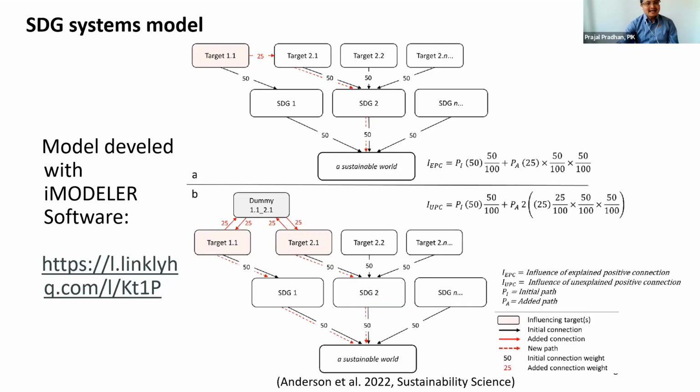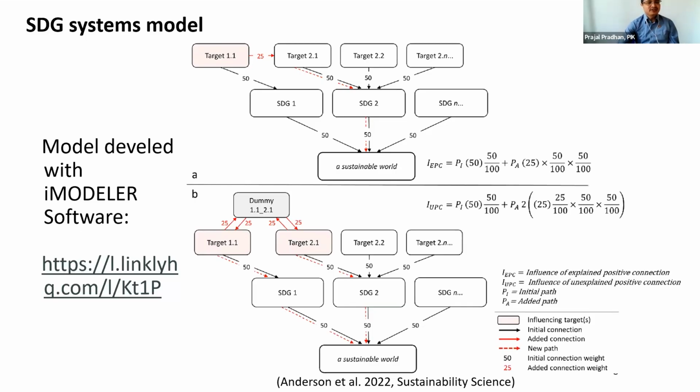What we did here is we also included this SDG interaction part. There is not only a direct influence of one goal on another target, there could also be indirect influences because of positive or negative linkages between two SDGs.